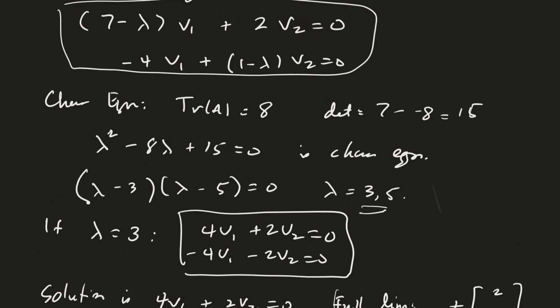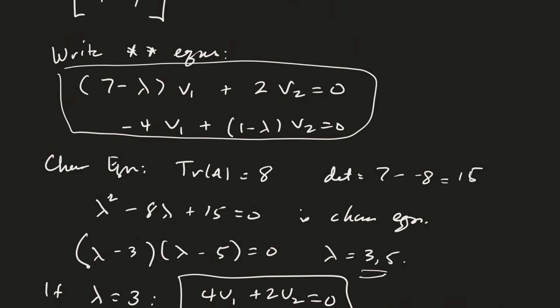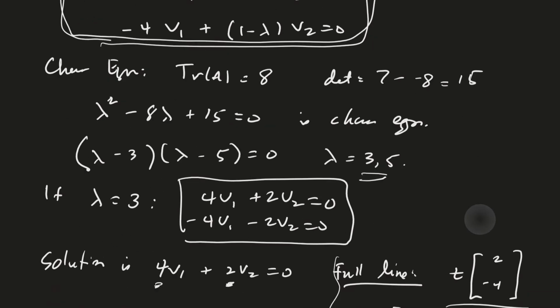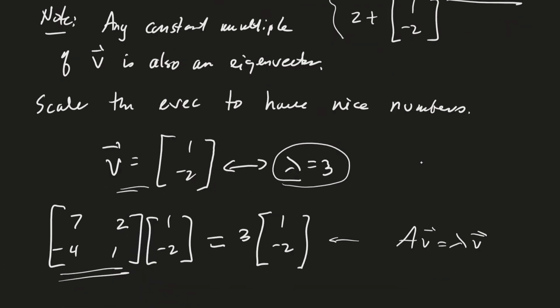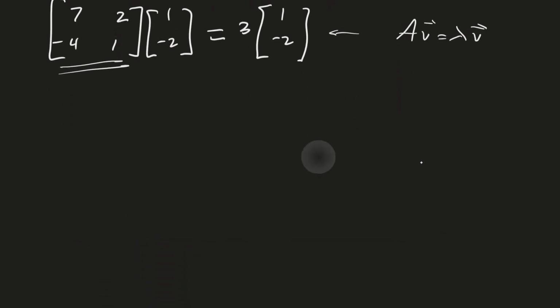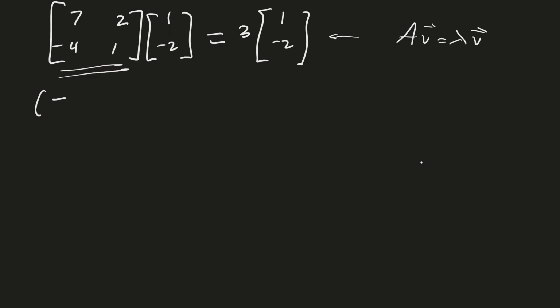In order to do that, we need to go back to our system of equations and solve that for v1 and v2. So let's put in λ = 5 there. We have (7 minus 5)v1 plus 2v2 equals 0.